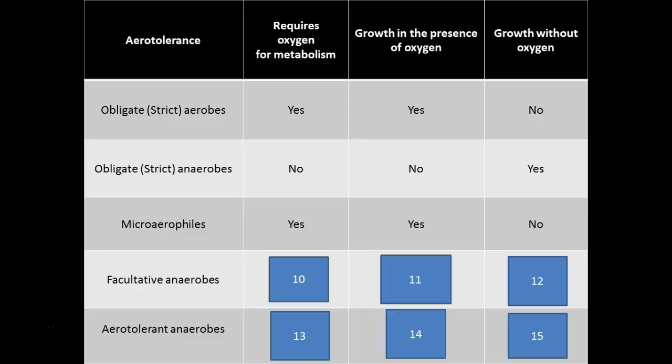Do facultative anaerobes require oxygen for their metabolism? No, right? They don't require it. They're an anaerobe, which means they don't require it. But can they grow in the presence of it? Yes, they can.